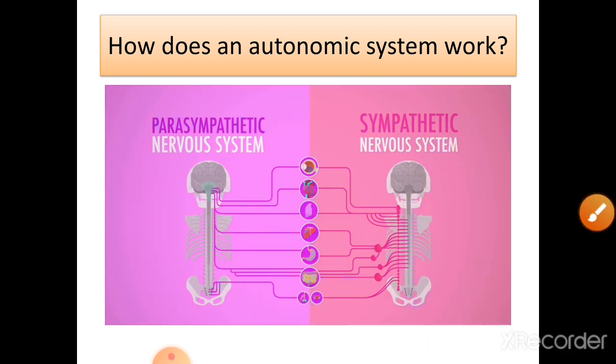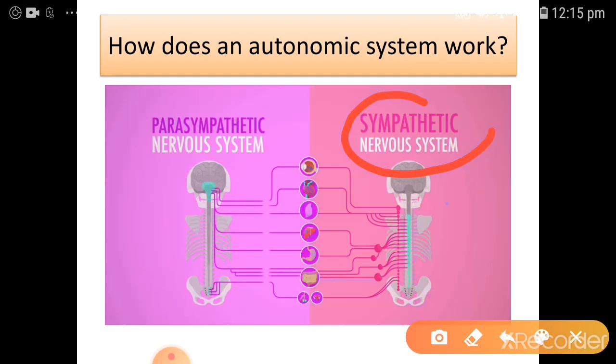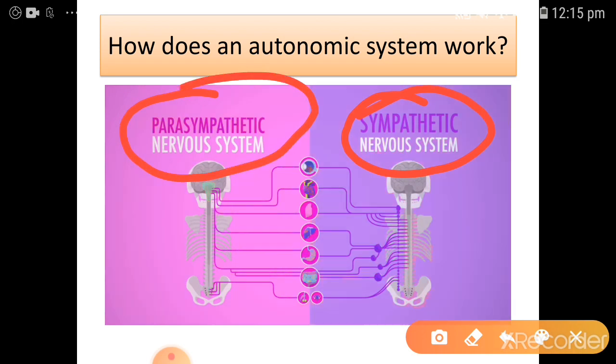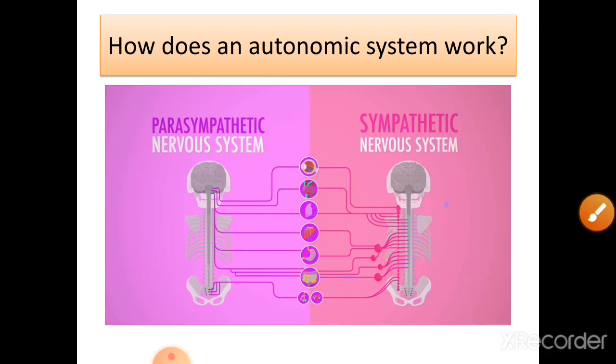The sympathetic nervous system accelerates the heartbeat, and the parasympathetic nervous system slows down the heartbeat. This is how they work opposite to each other, and this is how involuntary action occurs inside your body. There are other examples also, which you can go through in your book and read.